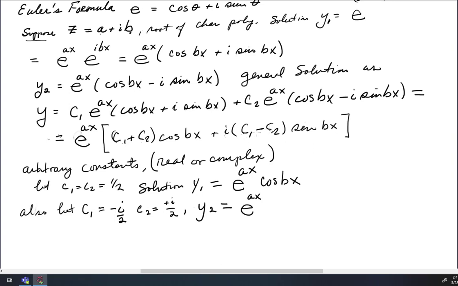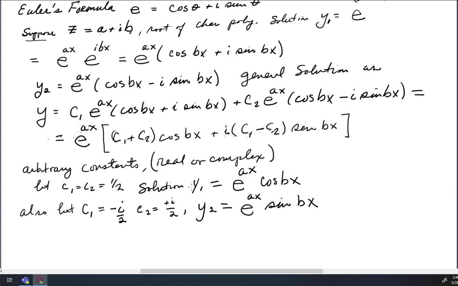So this is going to be a negative i. And then I've already got an i out here. So i times negative i would be negative i squared. i squared is negative 1. Negative i squared is positive 1. So sine bx is what I have left.